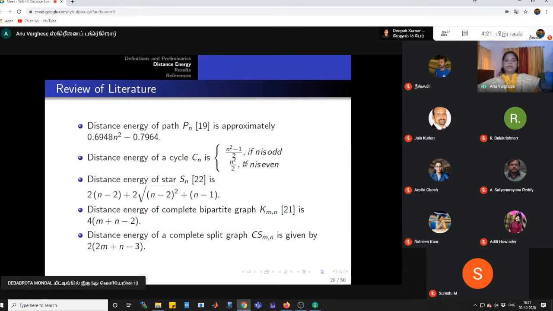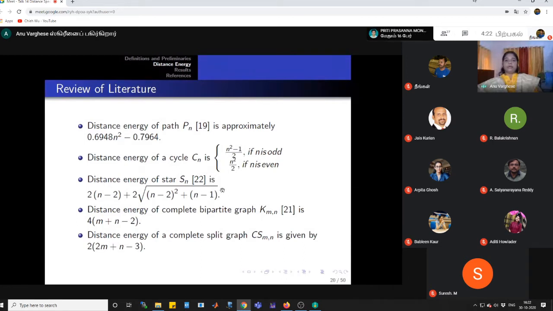So the sum of the entries of each row is a constant. That constant is exactly (n square minus 1)/4 if n is odd and n square/4 if n is even. So the unique positive eigenvalue of Cn is (n square minus 1)/4 in the case n is odd and n square/4 if n is even. So the distance energy is twice that spectral radius.